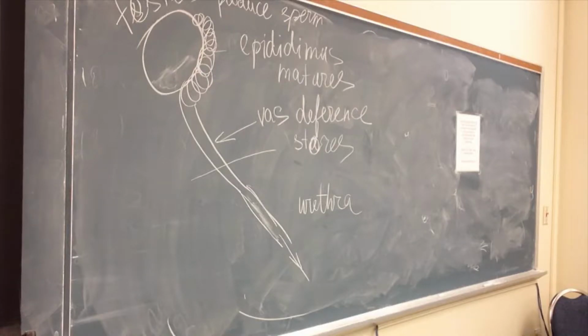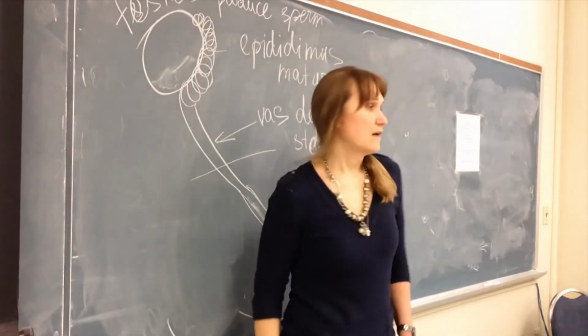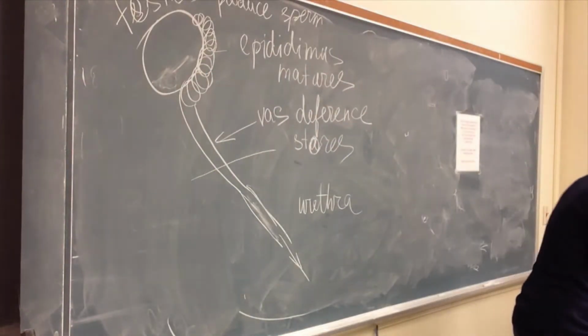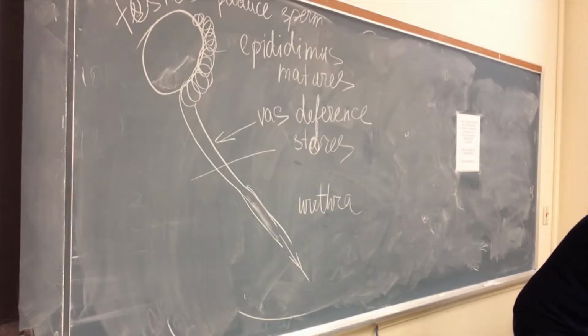Then we have the vas deferens right here, not going into the bladder, but right to the urethra right here.